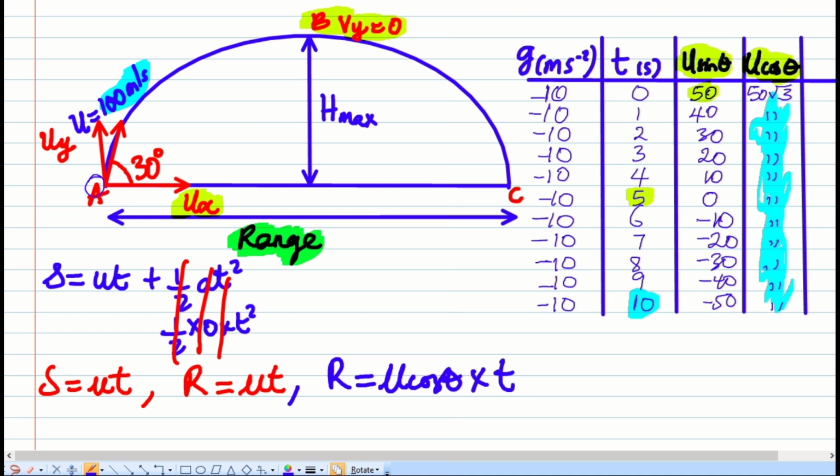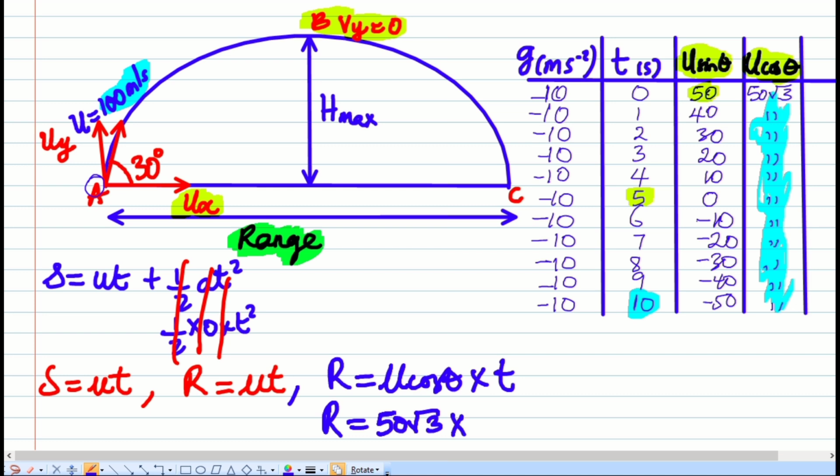times the time. Okay, first of all, we're not deriving the formula, we're just solving. So let's just solve it quickly. U cos theta, we already know is 50 root 3, because cos 30 is root 3 over 2. If you divide 100 by 2 is 50, then 50 times root 3, we have 50 root 3. So we have 50 root 3 times time.